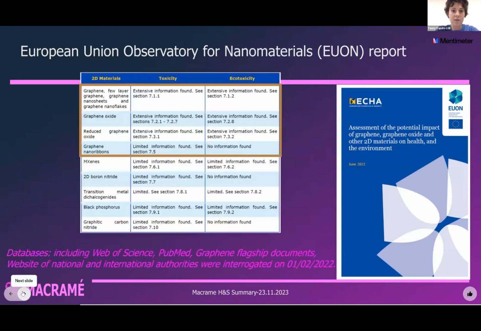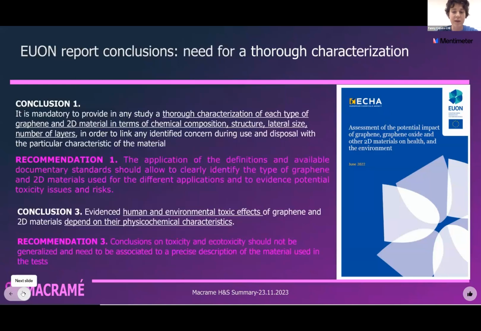As I said, it focuses on multiple kinds of materials. There are sections on graphene, few layer graphene, graphene nanosheets, graphene nanoflakes, graphene oxide, reduced graphene oxide, and graphene nanoribbons, for example. They made a literature search including the main research engines, but also considering documents from the Graphene Flagship and websites of national regulatory authorities.